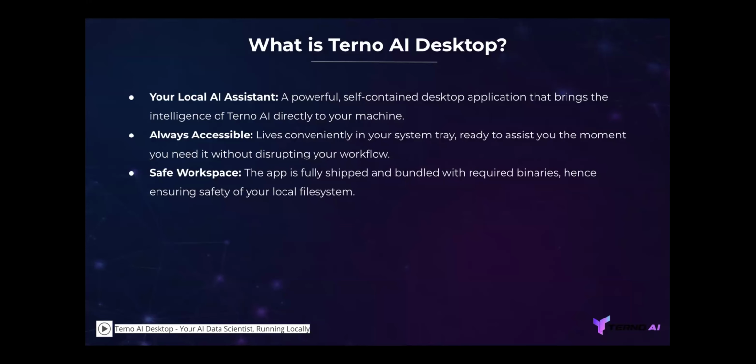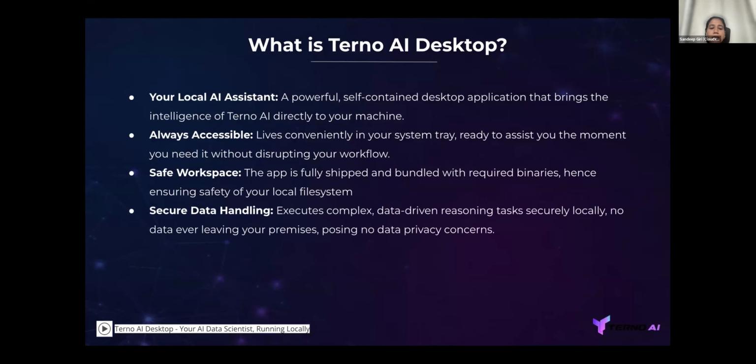Thank you. Okay, so Turno Desktop comes with a full bundle. So there is no need to worry about the safety of your own file system, because whatever tools it is using are coming with the readily bundled required binaries, and it is ensuring safety in that way. The data handling is very secure, just like we discussed. It is just the local version of the entire Turno architecture, and it executes complex queries on data, and the reasoning is also happening locally.